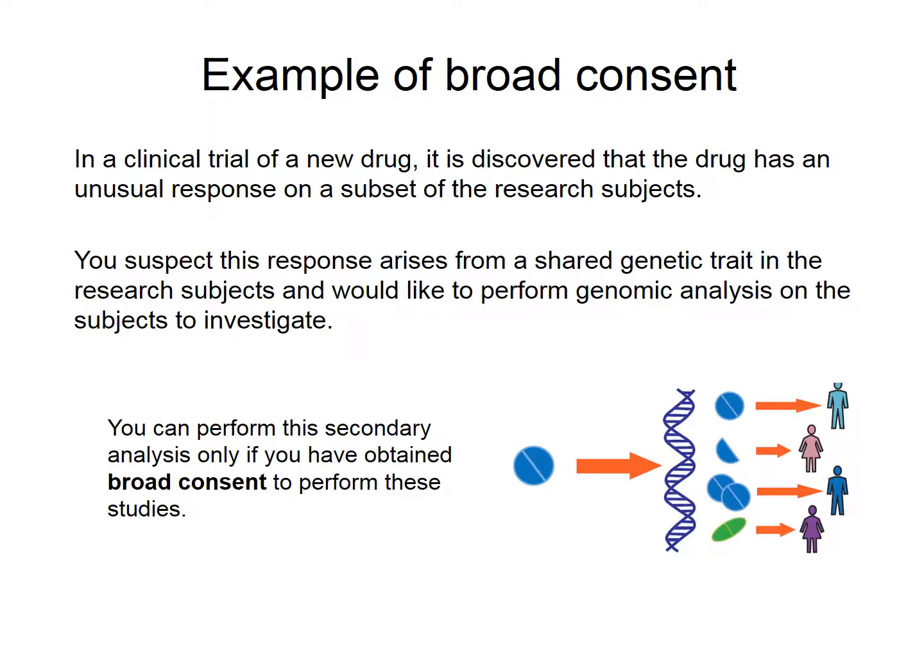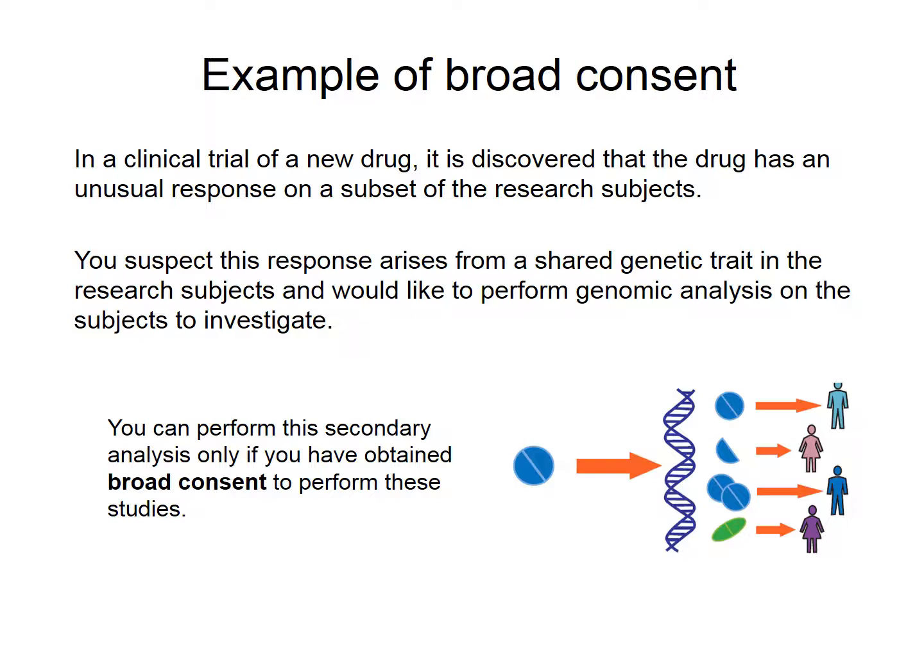To provide a more concrete example, let's say you were testing a new clinical drug, and during this process, you go through the regular IRB process. You discover when you're testing it that the drug has an unusual response in one subset of research subjects, and you suspect that this might arise from a shared genetic trait in this group, and you would like to perform genomic analysis on the subjects to investigate.